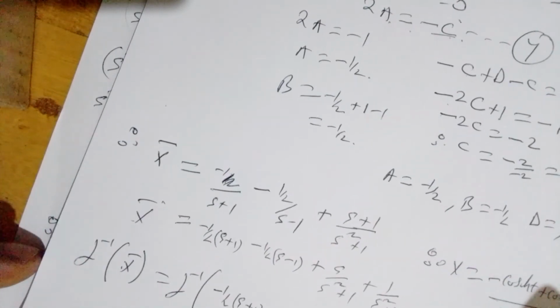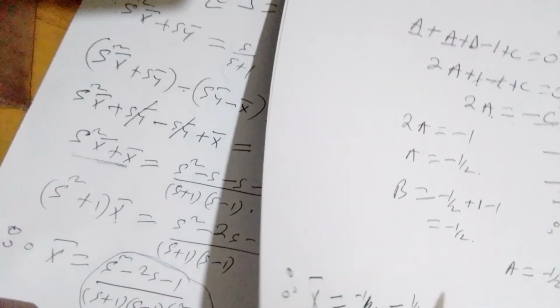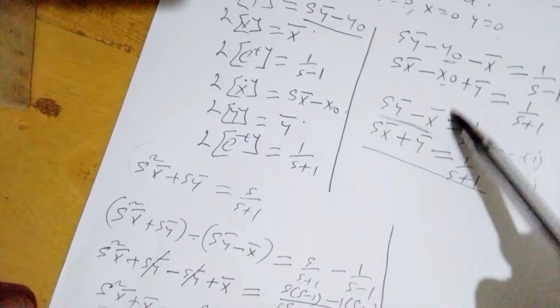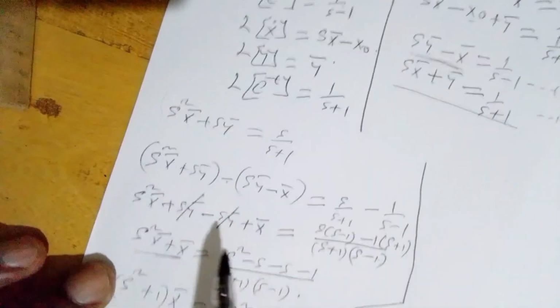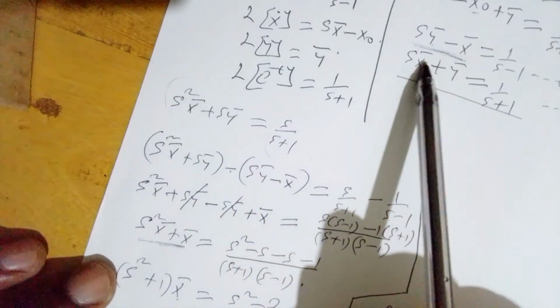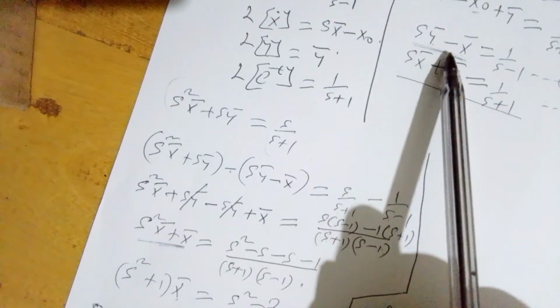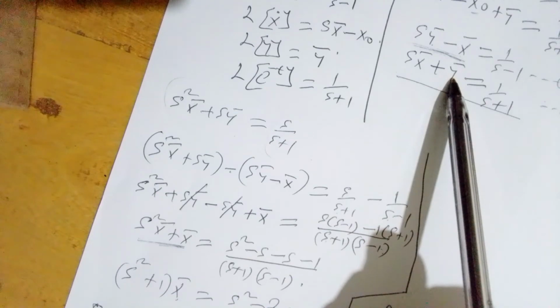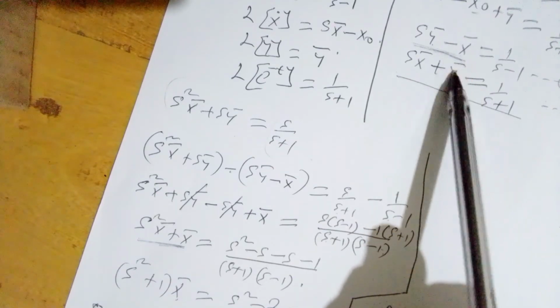Now to get the value of y, you simply go back from where we started. You remember at this point when we were eliminating, we multiplied through this equation by s to make this equal to that.